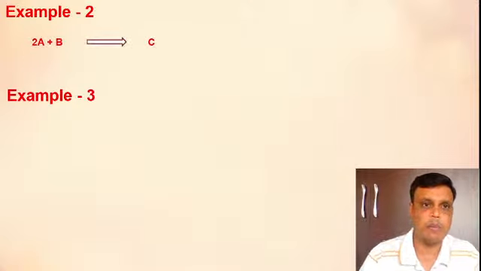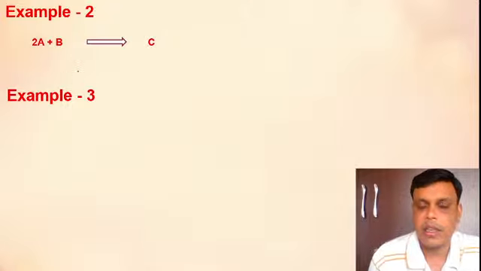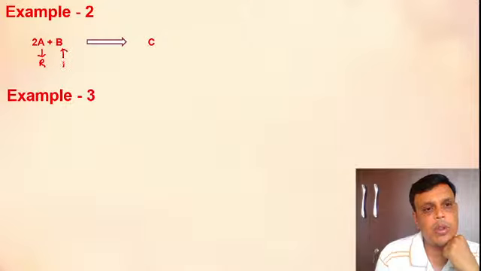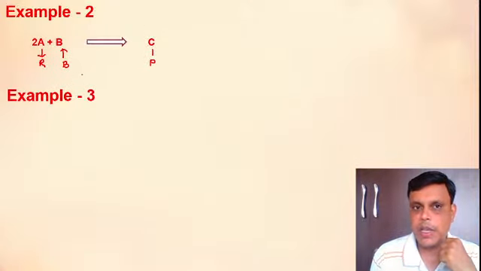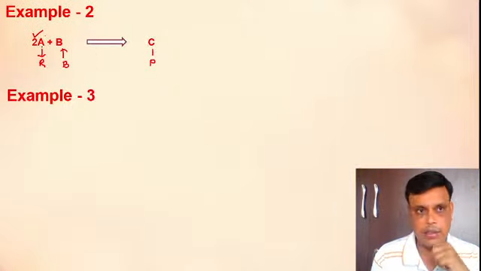Now see example number 2. Here two reactions are there. In the first reaction only one reactant was there. Here two reactants are there, reactant A and reactant B. So reactant A plus B gives you C, and C is the product.